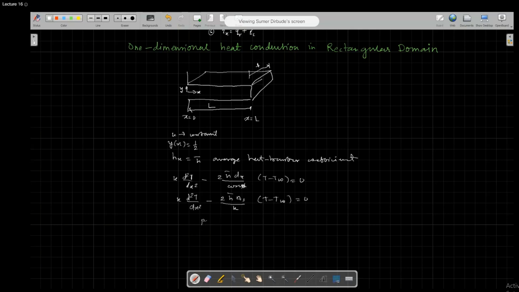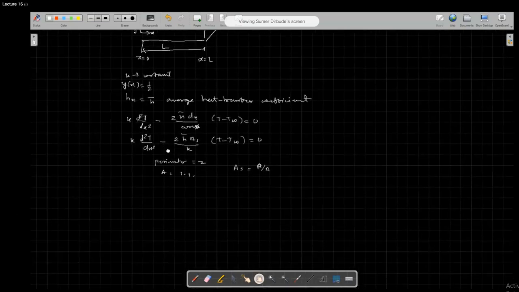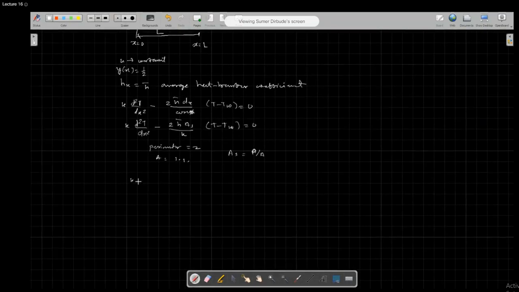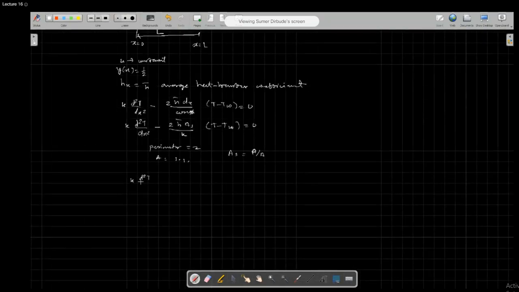And we know that perimeter is 2, and area is equal to 1 into 1. So we can represent this as P by A. Okay, P by A. And we can write this equation as K d2T/dx2.